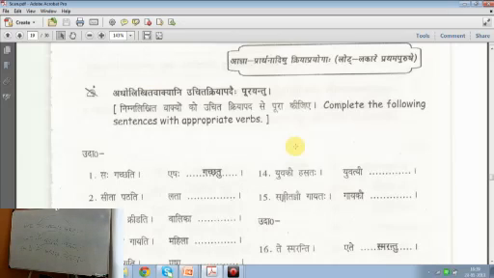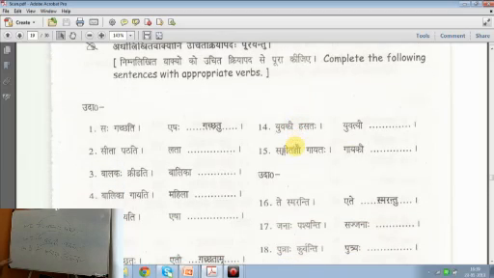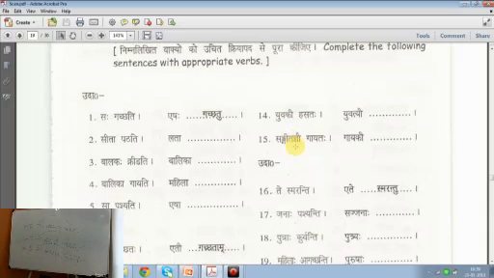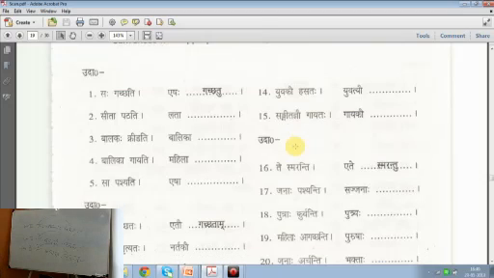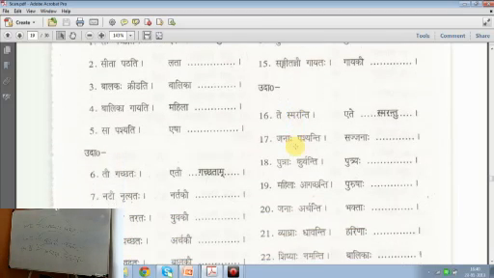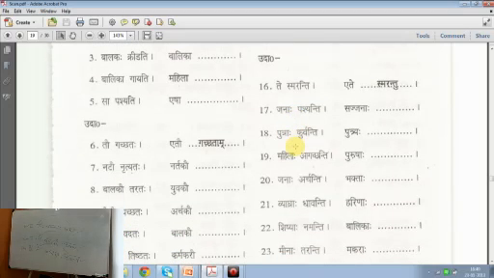Saha gacchati, Eshaha gacchatu, let this person go. Sita patati, Lata patatu. Balakaha kridati, Balika kridatu. Balika gayati, Mahila gayatu. Sa pashyati, Esha pashyatu. So simply whatever is coming in the present tense, convert immediately by tu. Patati patatu, pashyati pashyatu, gayati gayatu, likhati likhatu, like that.